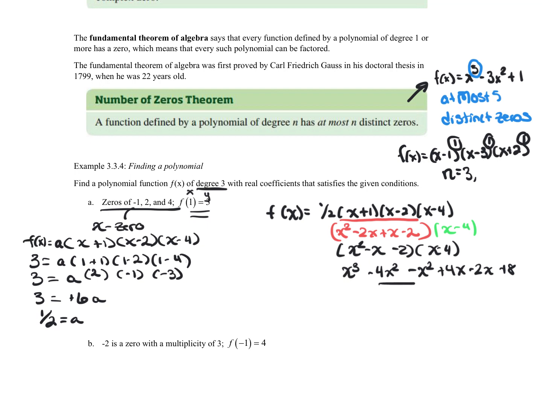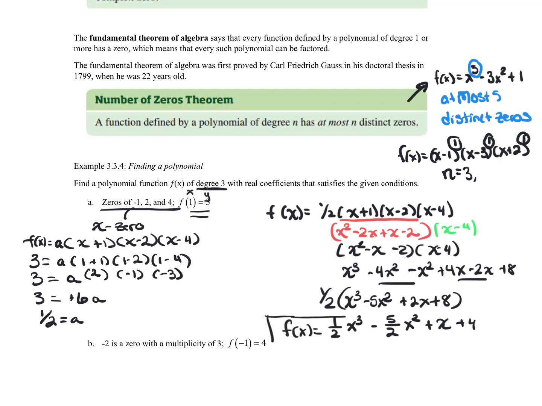We can combine like terms, so we get x cubed minus 5x squared plus 2x plus 8. And then we have that 1/2 out front. So we get 1/2 x cubed minus 5 halves x squared. A half times 2 is just 1, so plus x, and then plus 4.